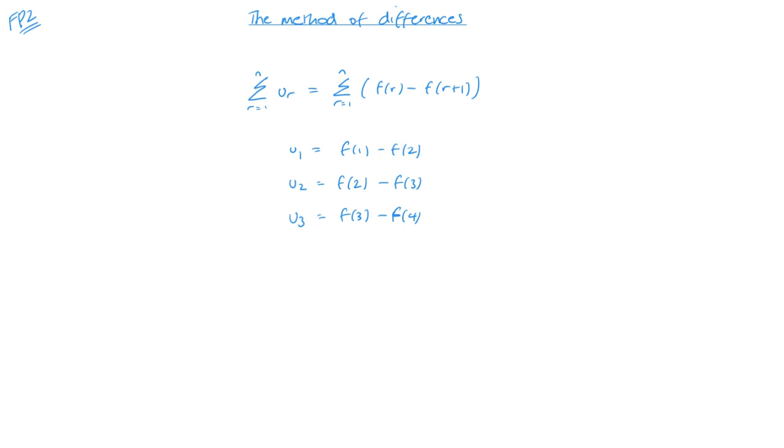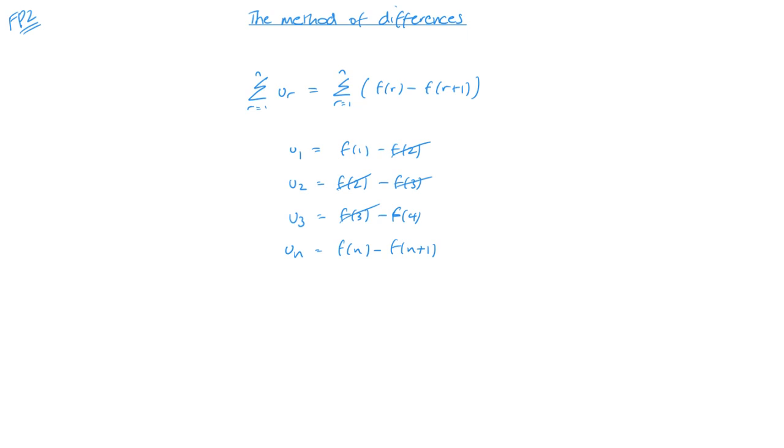So f of 2, a positive one and a negative one, these two cancel. And then a positive f of 3 and a negative f of 3, these two cancel. And I keep on going all the way down to the nth term, where I've got f of n minus f of n plus 1.